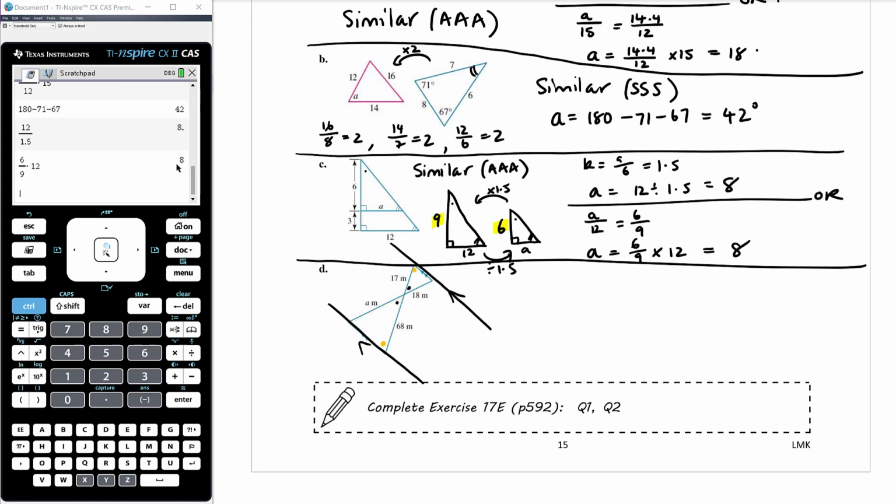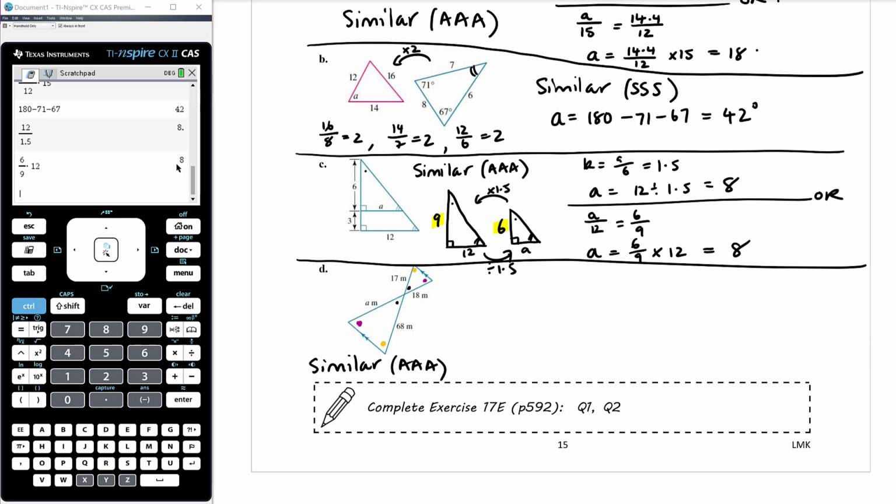If we think about this transversal instead, we've got another Z angle going that way, and so this angle here is the same as this angle here. So the parallel lines and the vertically opposite angles mean that we have two triangles with the same angles. So they are definitely similar due to angle, angle, angle.